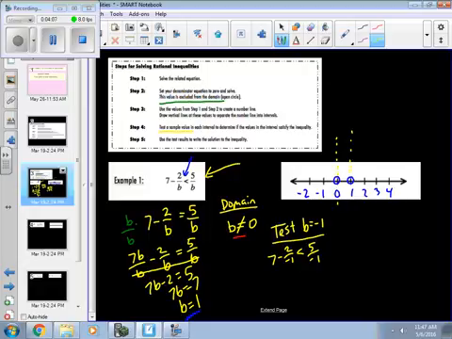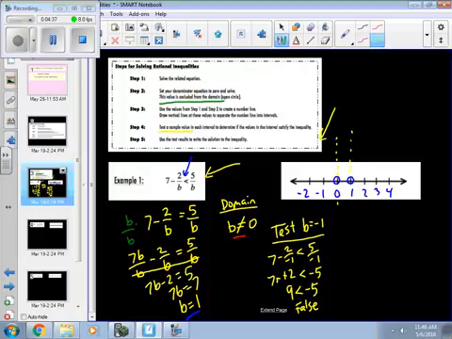The left side is 7 minus 2 divided by -1, which is going to be -2 in the denominator division, and 5 divided by -1 is going to be -5. On the left side, minus a negative turns into plus, so we get that 9 is less than -5. Is 9 less than -5? That is definitely false.